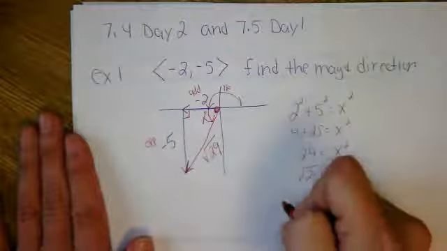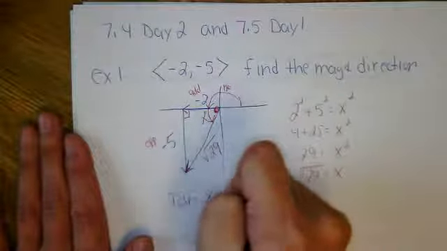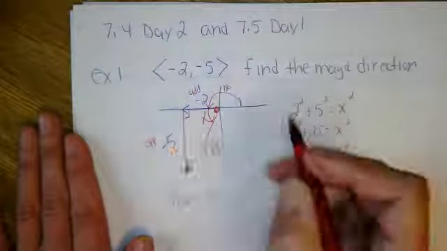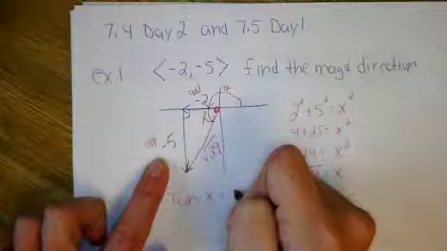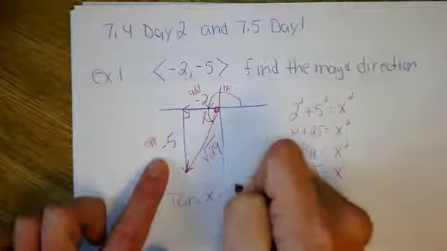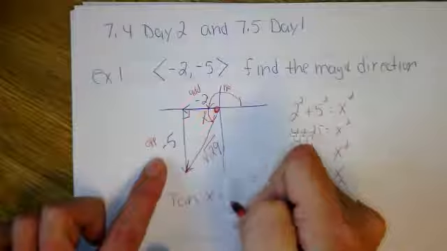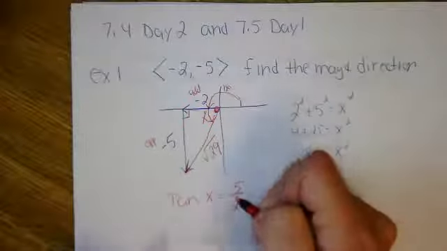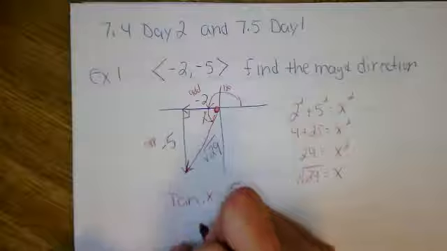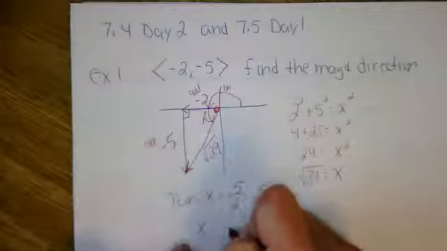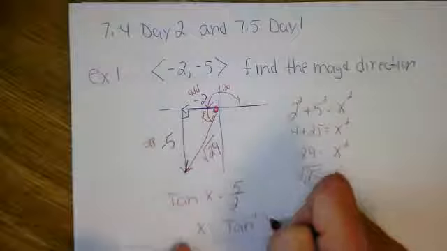So the tan for my angle X is opposite, the 5, the adjacent is the 2. And you can put the negatives there and they're just going to cancel out, so it doesn't matter. So now to get the angle, I'm just going to go with inverse tan. Remember, if you're trying to find an angle, those are your inverse buttons.